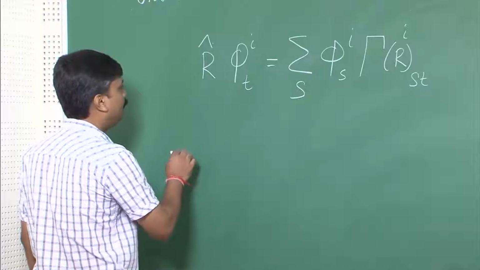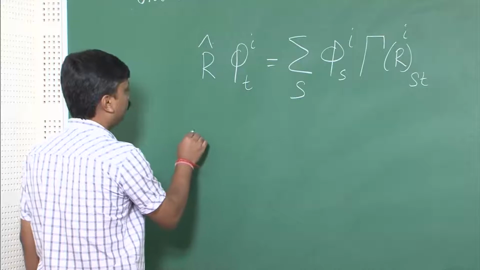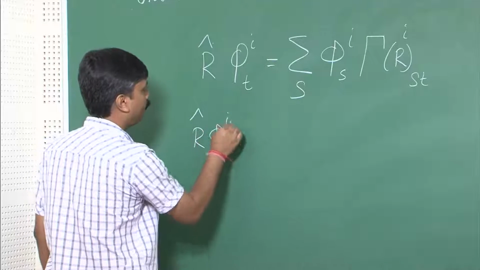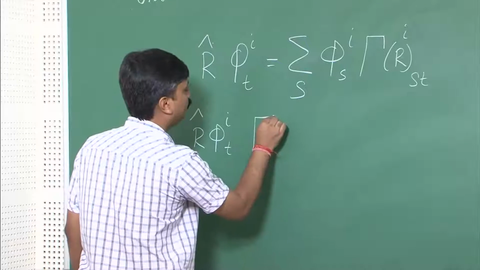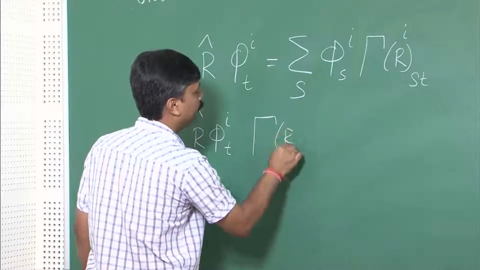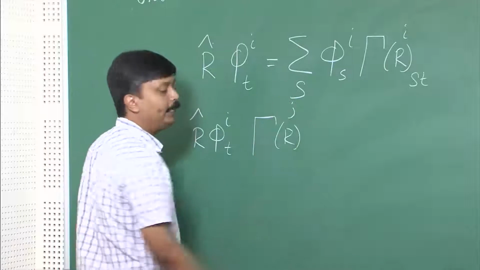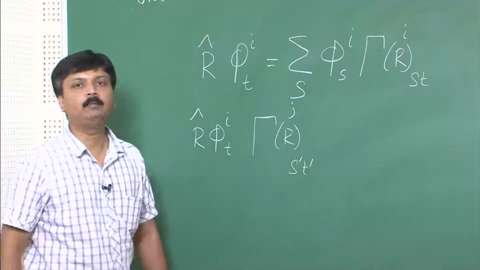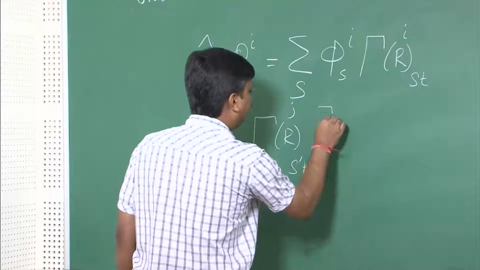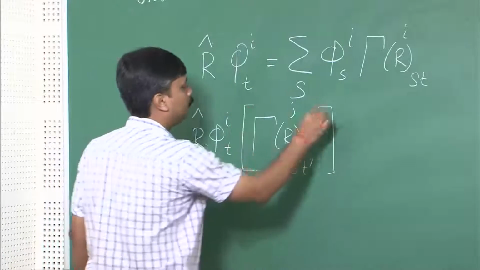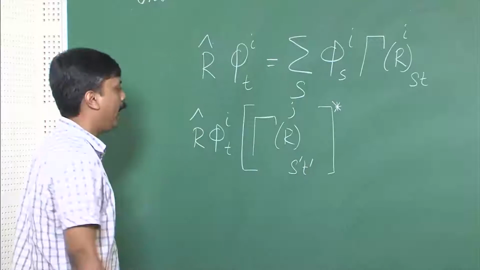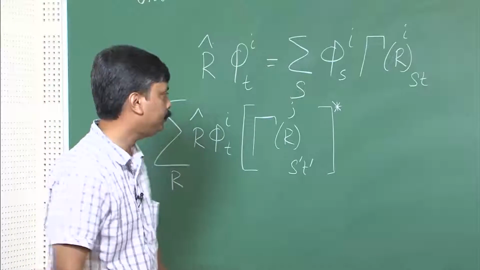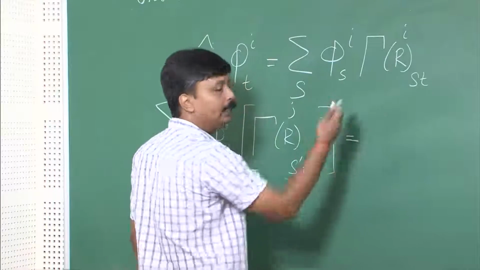So I will multiply both sides by a quantity which is gamma of the same operation R belonging to the jth irreducible representation and some element s prime t prime. I will take the complex conjugate of that particular element, and after that we will sum it over all the symmetry operations R. So we will have to do the same thing on the right hand side as well.